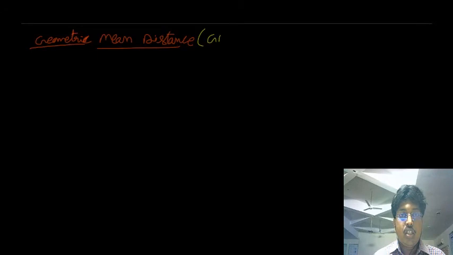Sometimes we can write it as GMD or DM, D suffix M, that is mutual distance.